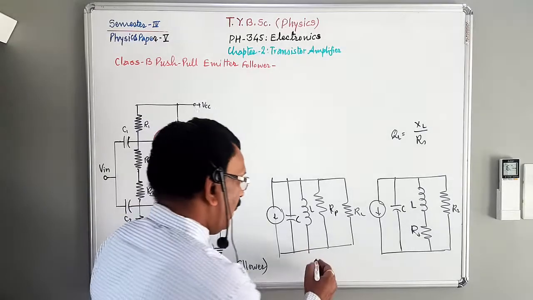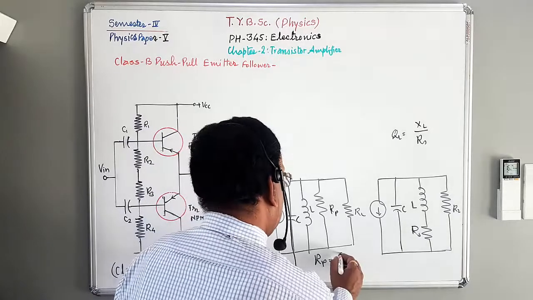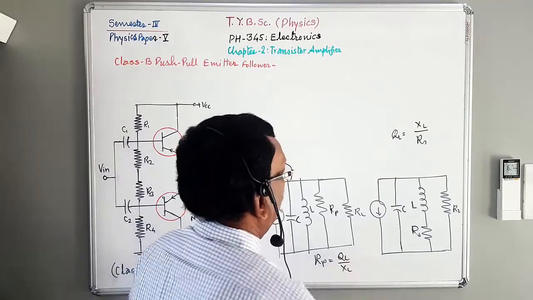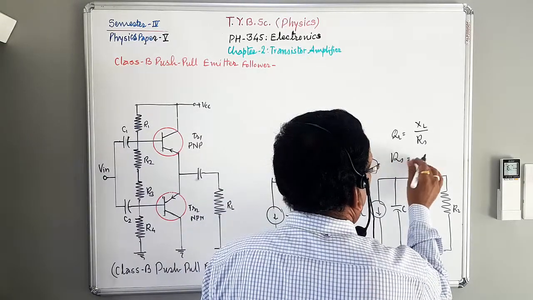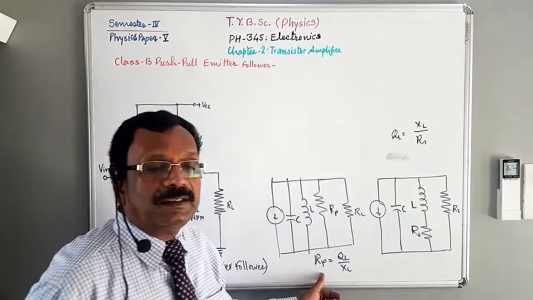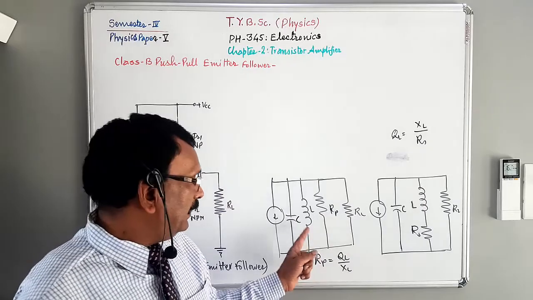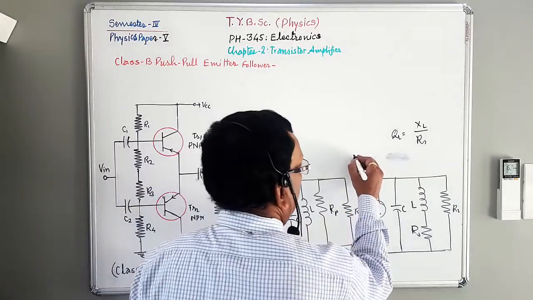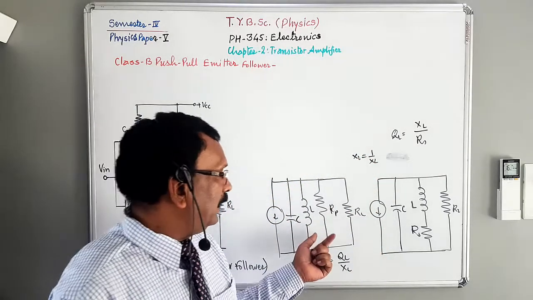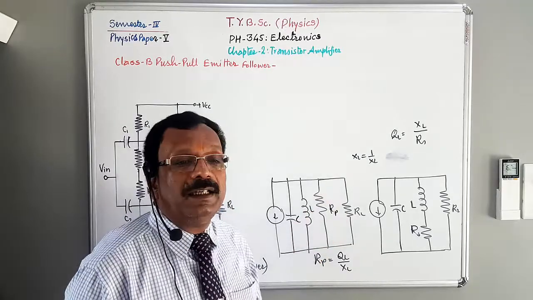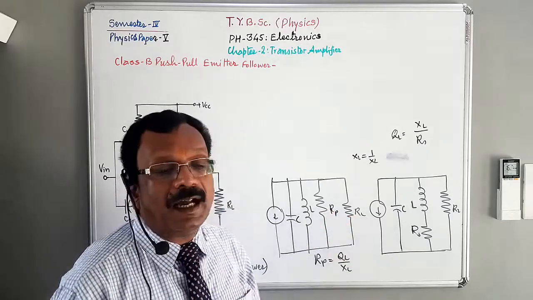Now here RP is equal to QL times XL according to this formula. Okay, this is RP. Now in this circuit, XL and XC, because we know that XL is equal to XC at resonance, get cancelled with each other when they are in parallel, leaving RP in parallel with RL.